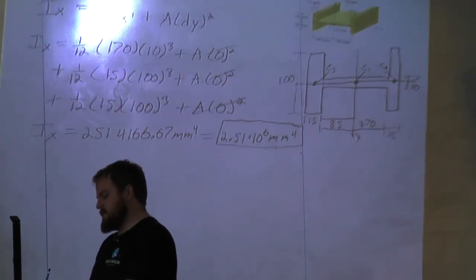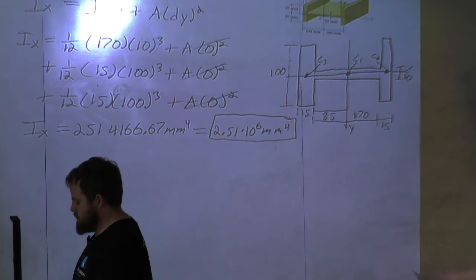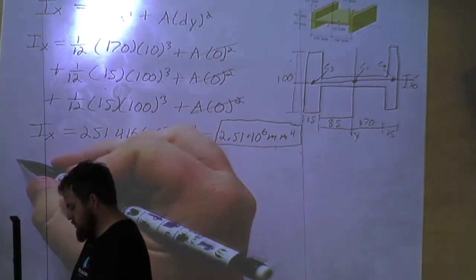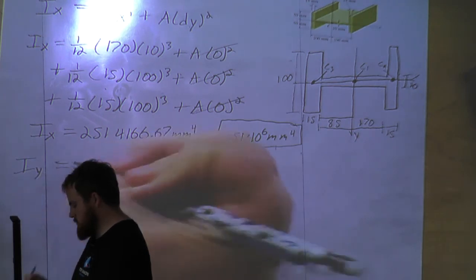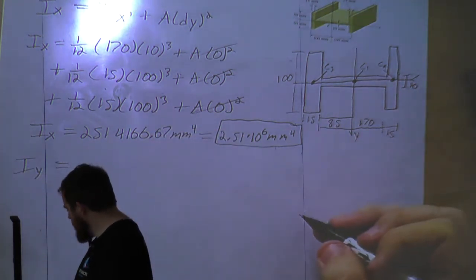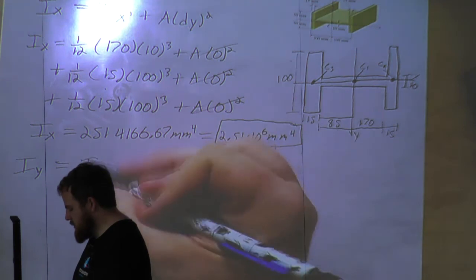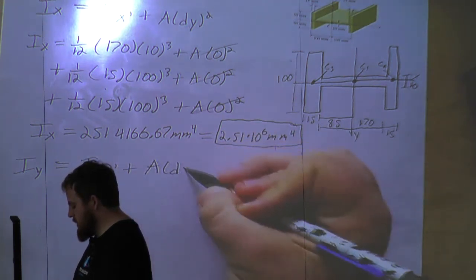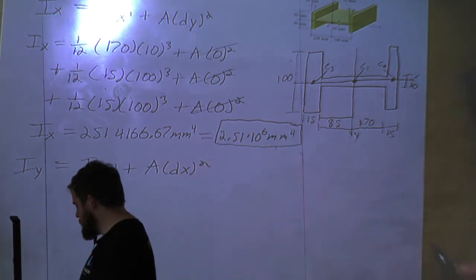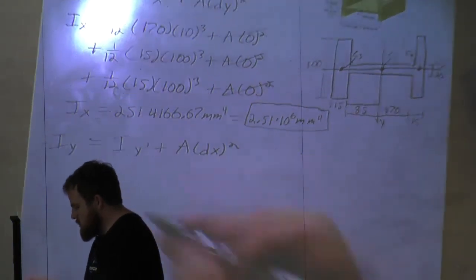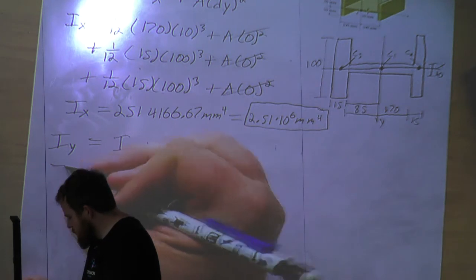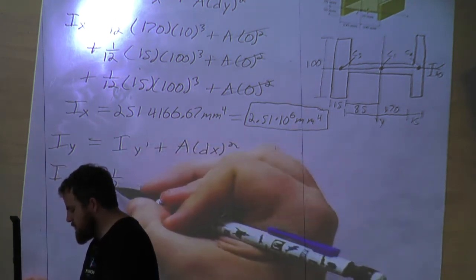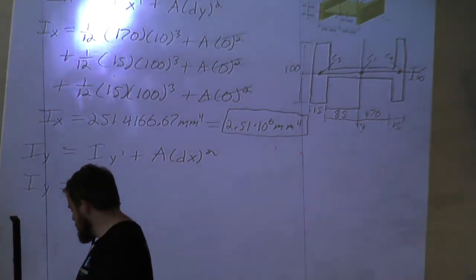Second question is asking for IY. So a little bit more work. This is going to be IY prime plus A dx squared, right? Again, we're just going to keep the same 1/12 base height cubed situation.